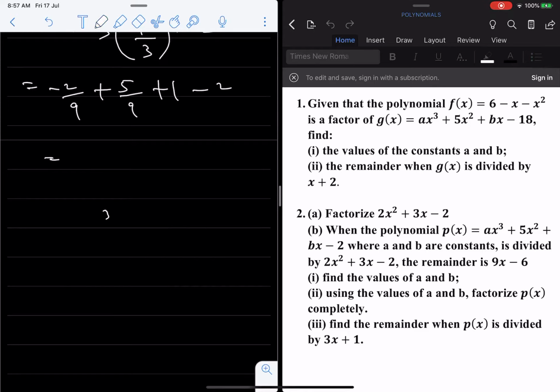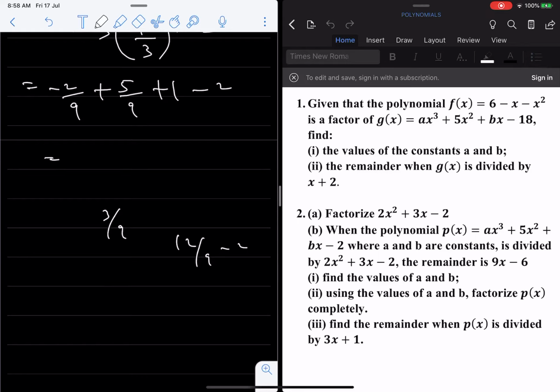This is 3 over 9 plus 1. That's the same as 3 over 9 plus 1 is 12 over 9, minus 2. Yeah, that's it. I hope this value is actually correct. 12 over 9, and that's supposed to be 2.